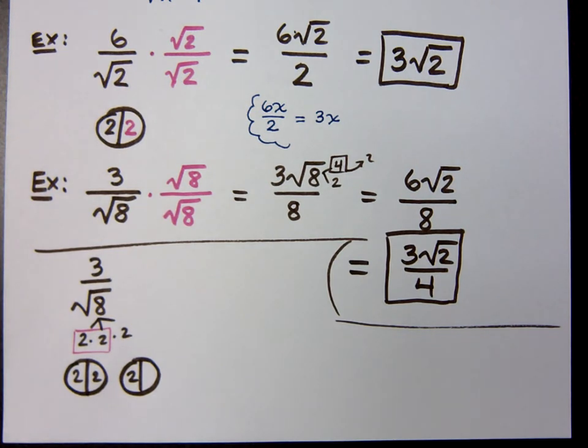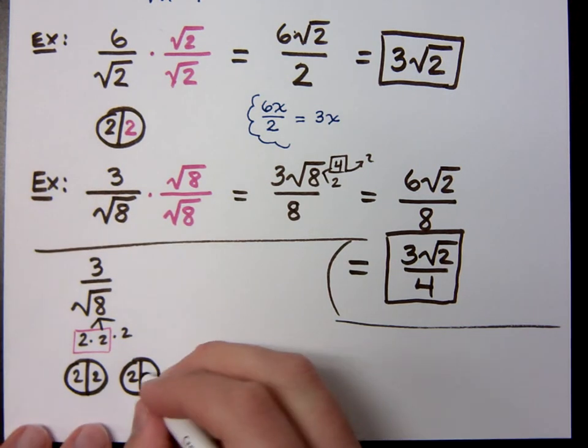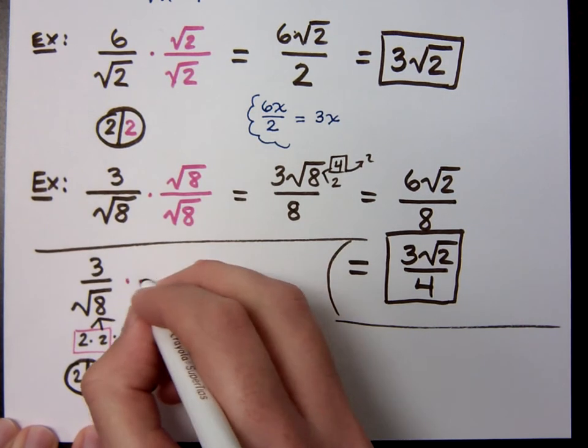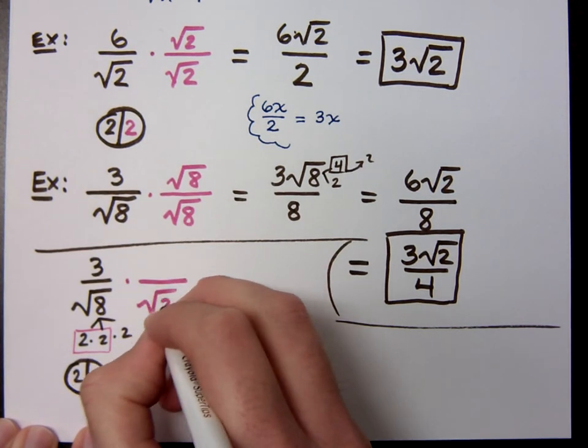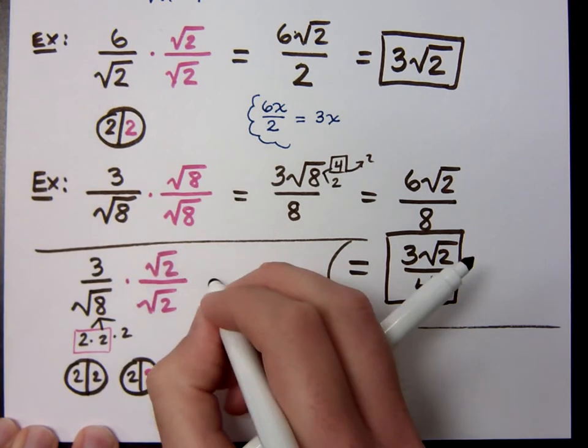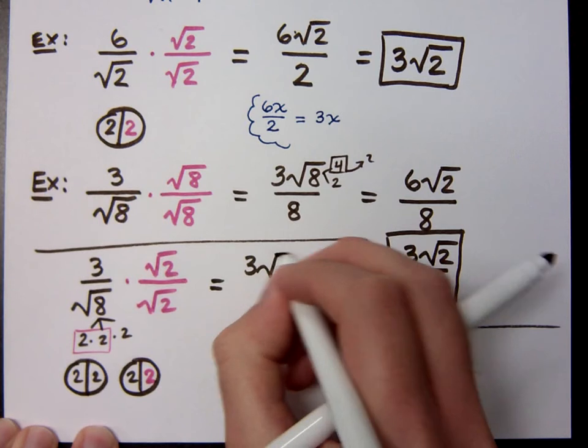What factor is missing to complete this being a perfect square? Just 1 two. So if I multiply top and bottom times the square root of 2, in the numerator I get 3 square roots of 2.